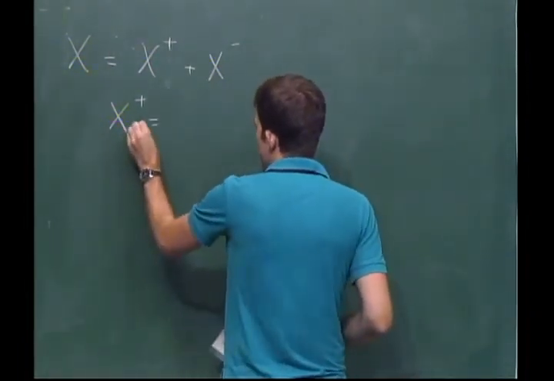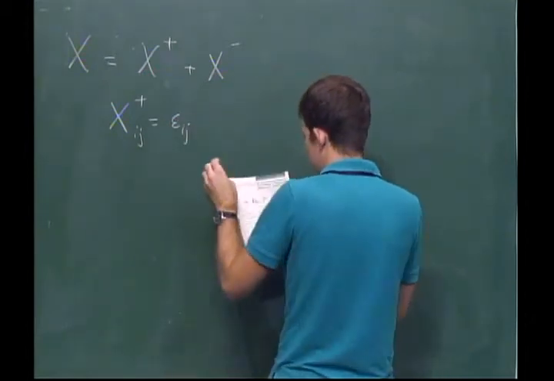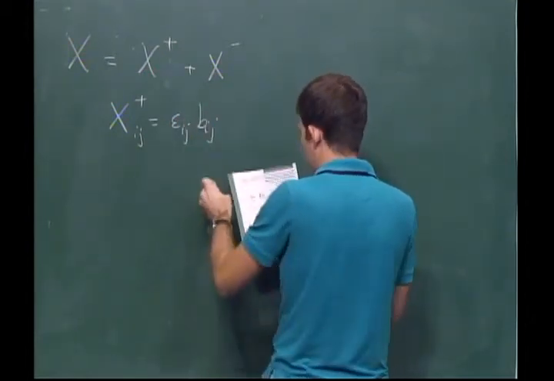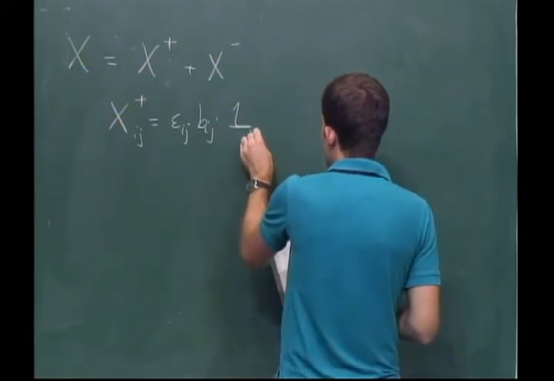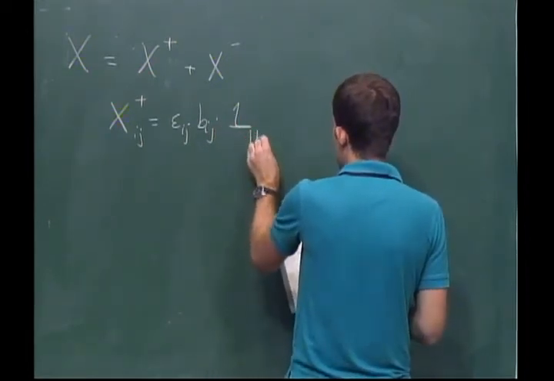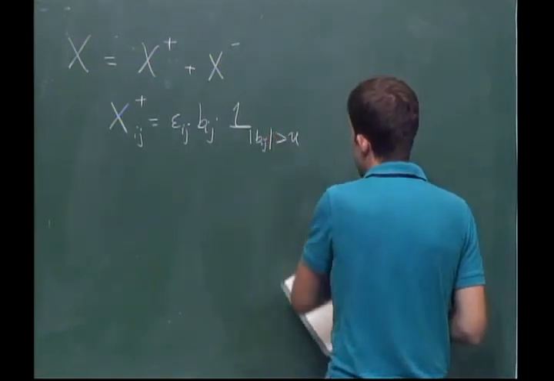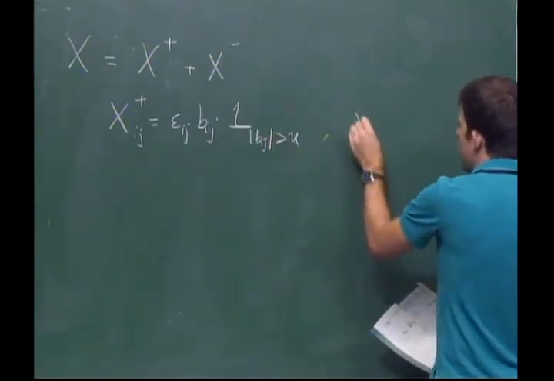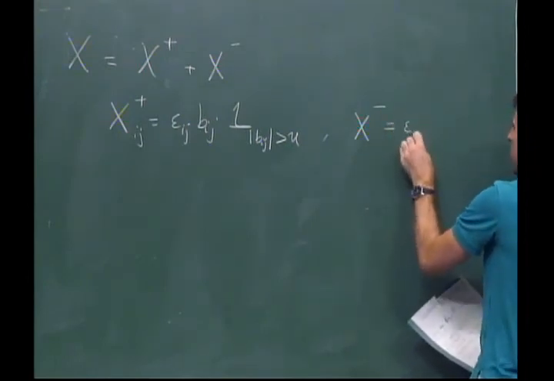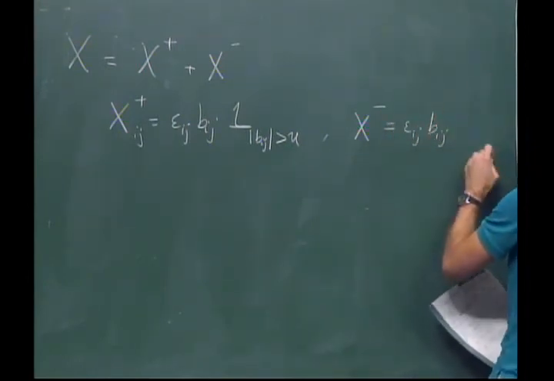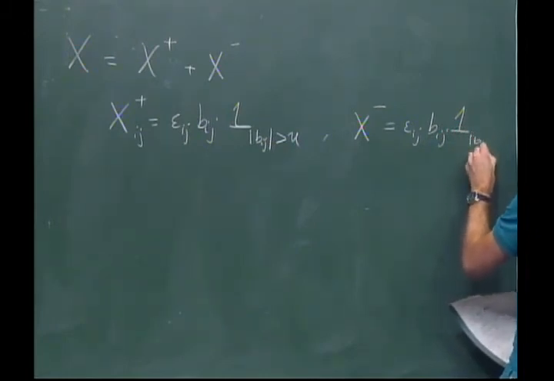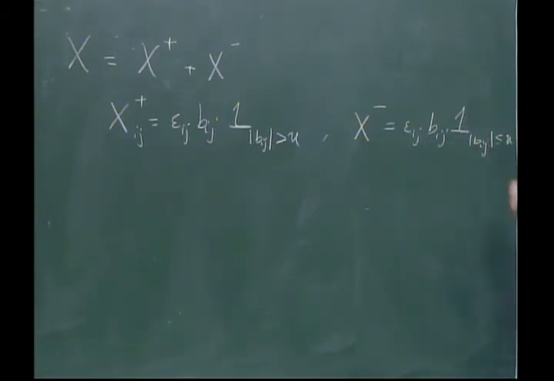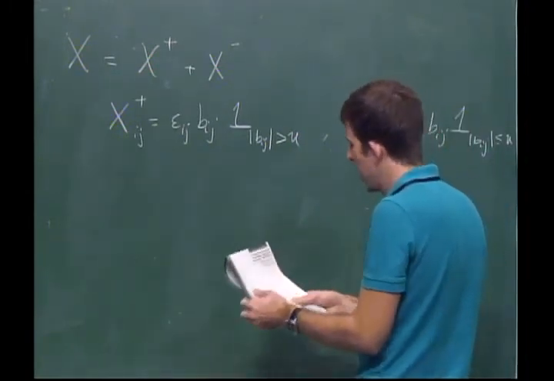So X plus ij is given by the Rademacher epsilon_ij, b_ij, and the indicator of b_ij bigger than u. And X minus are the other entries, where b_ij is smaller or equal than u. Now we're going to apply one bound on one of them and one bound on the other, and you'll see that we recover the result once we pick u in the right way.